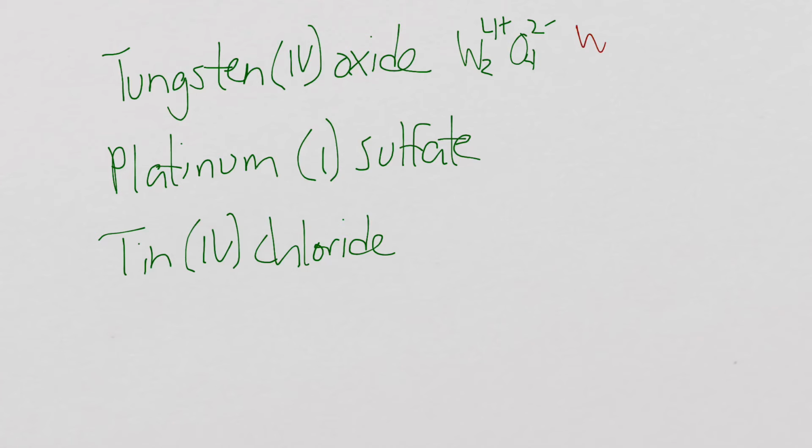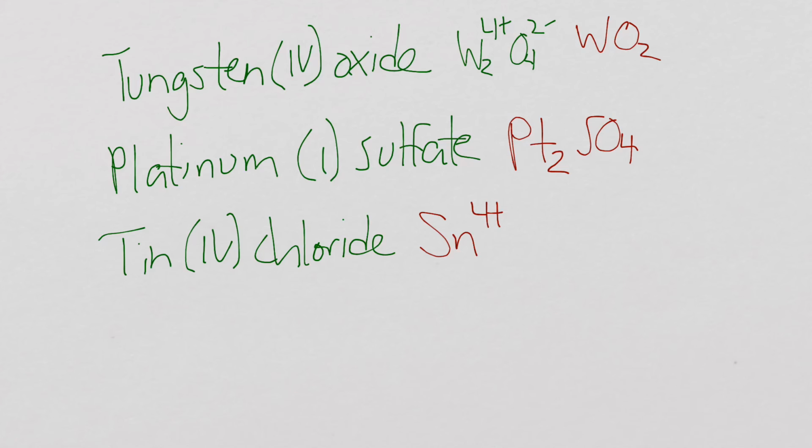That's why I get WO2. Platinum with its positive 1 charge, sulfate with its 2 minus charge, cross the 2 from the sulfate down here, 1 for the platinum, Pt2SO4. Tin with its 4 plus charge, chloride with its 1 minus charge. You can clearly see that would become your SnCl4.